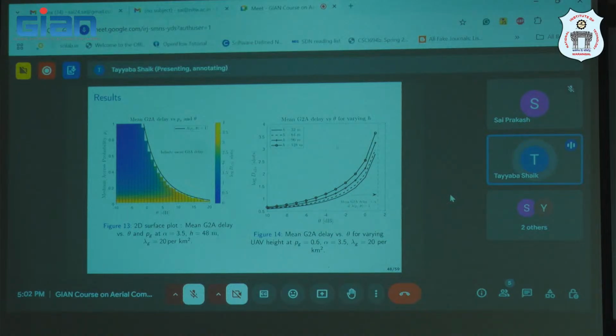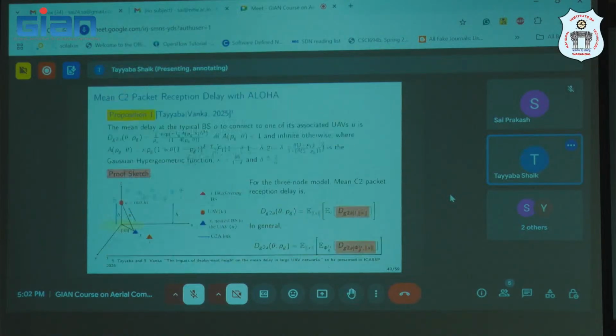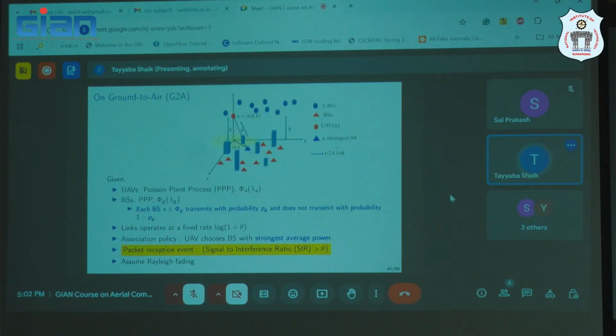But we see a contradictory result in the A to G. The reason for that is that in the system model, we have assumed the nearest association policy for the UAV U. For the air to ground link, it is always possible that there is another UAV, V, which is closer to this base station than U. That nearby UAV may cause more and more interference at the X, thereby increasing the mean delay.